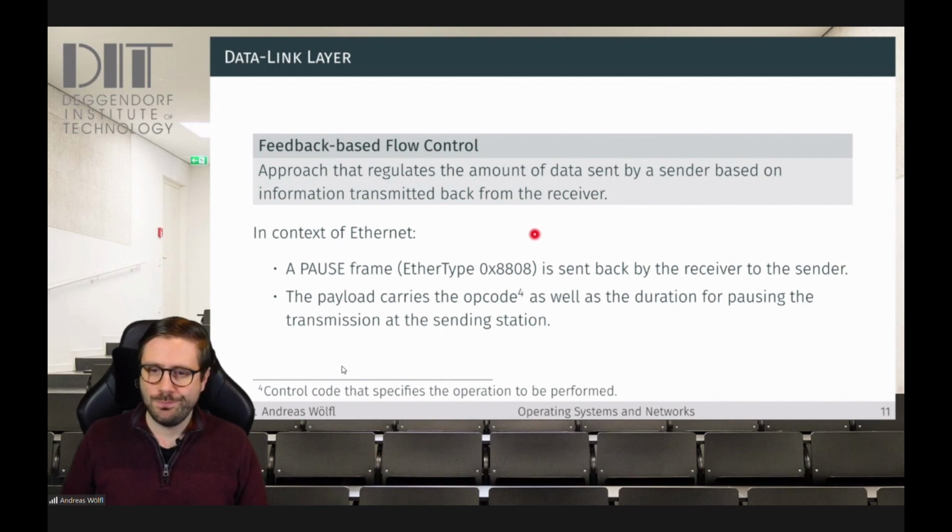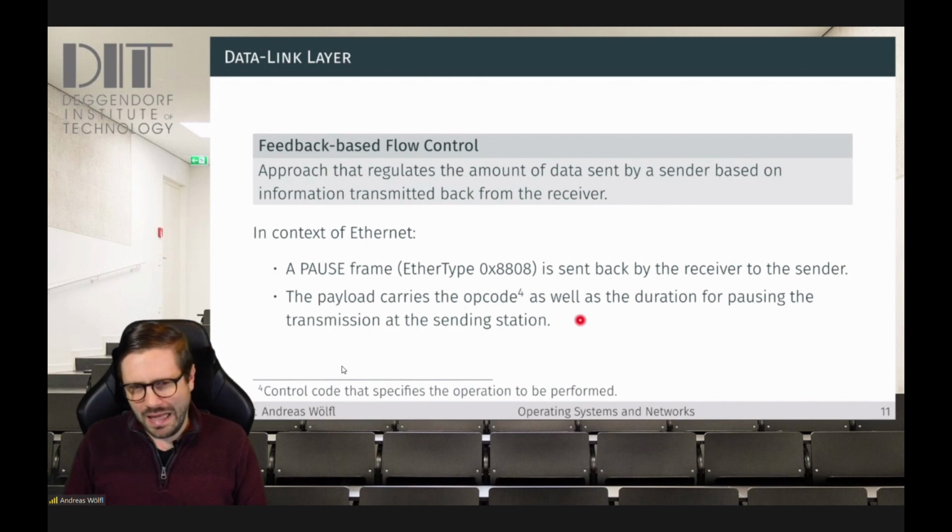This is defined in the payload. The payload carries an opcode, it's like a control code, and in the opcode, there is the information how long the sender should pause transmission. So ideally, until the receiver has the resources to handle the data volume from the sender again.